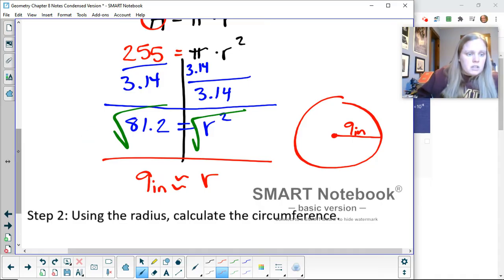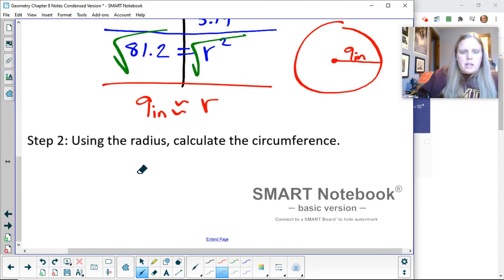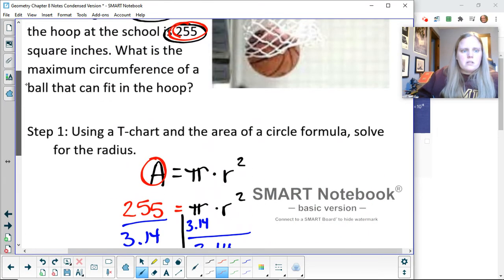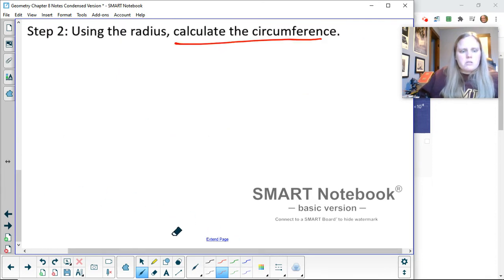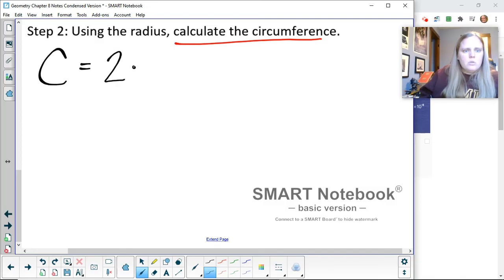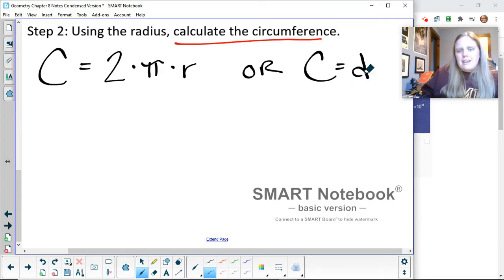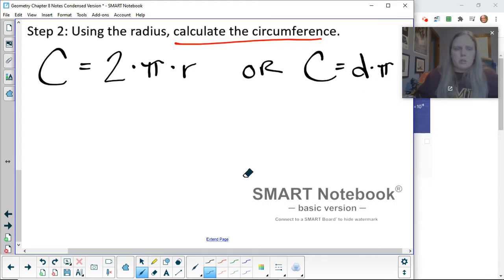I don't know. Okay, step 2. Using the radius, calculate the circumference, because they wanted to know what was the max circumference that could fit. Now, we didn't actually talk about circumference, so let's write down that formula. Circumference is 2 times pi times radius, or you can write it as diameter times pi, because 2 radii make a diameter.